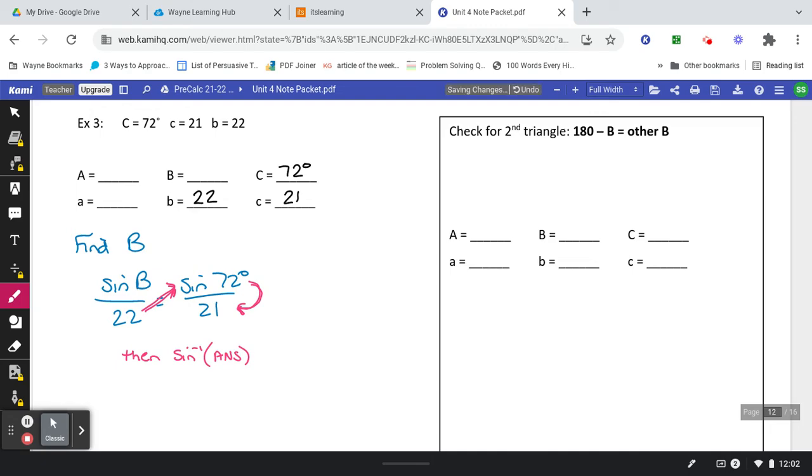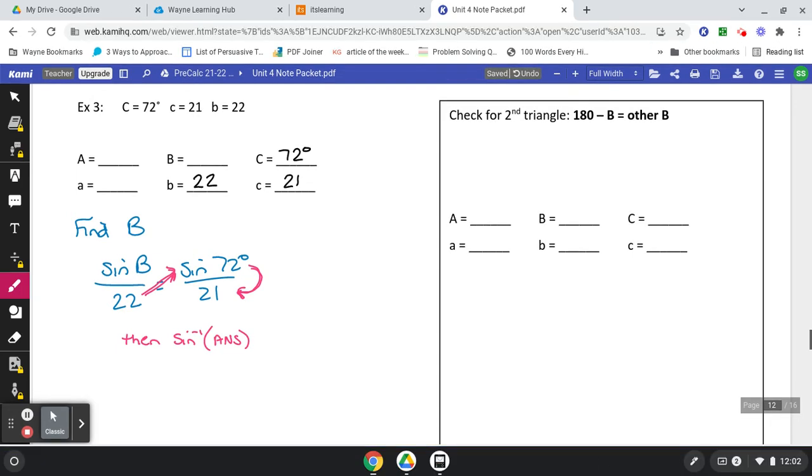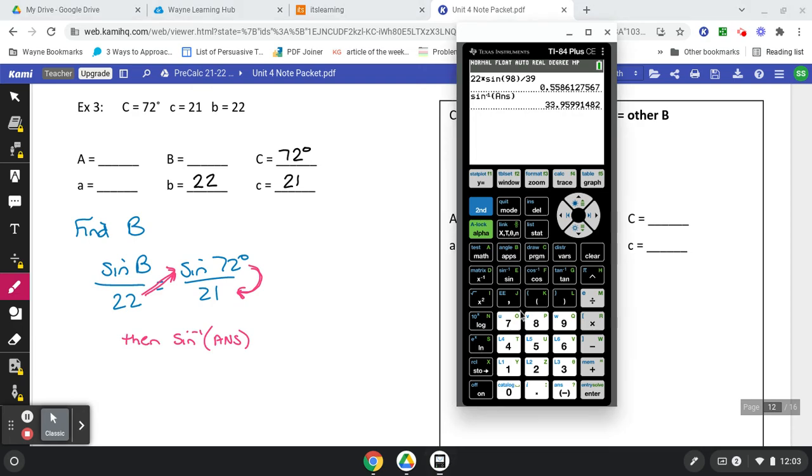We'll do that one more time for you on the calculator so you can see it. Still in degree mode. 22 times the sine of 72, close the parenthesis, divided by 21. Once you get that, inverse sine, so second sine.